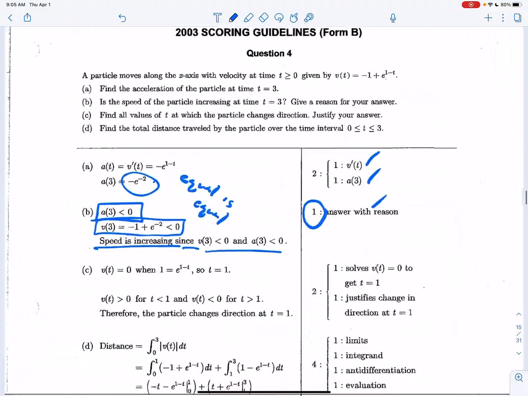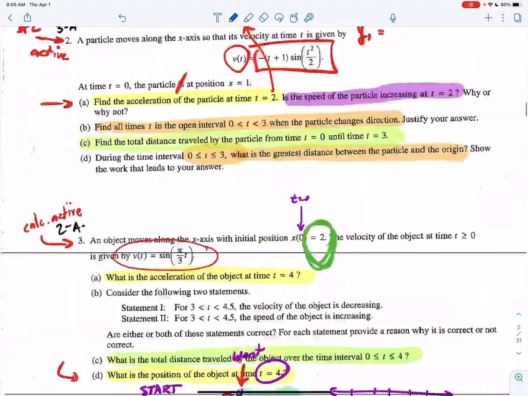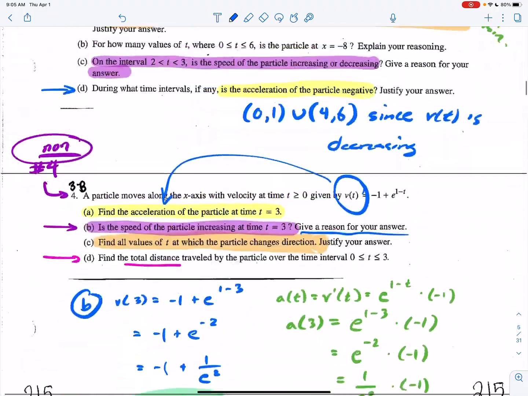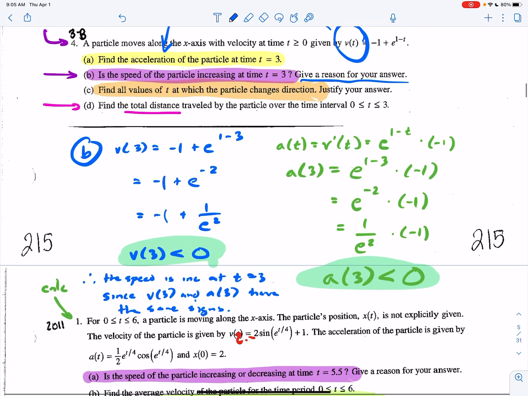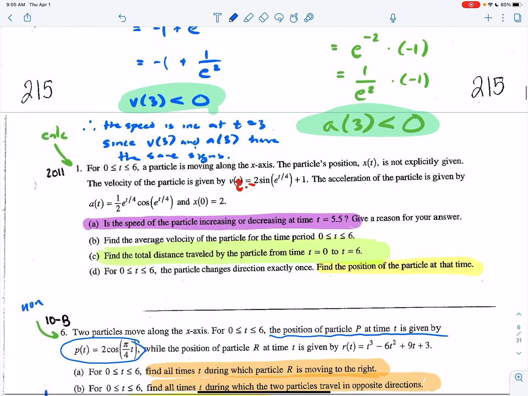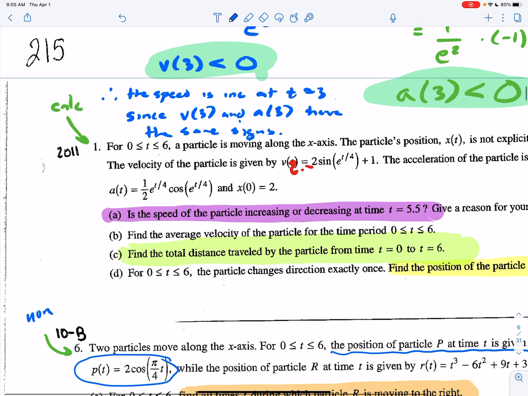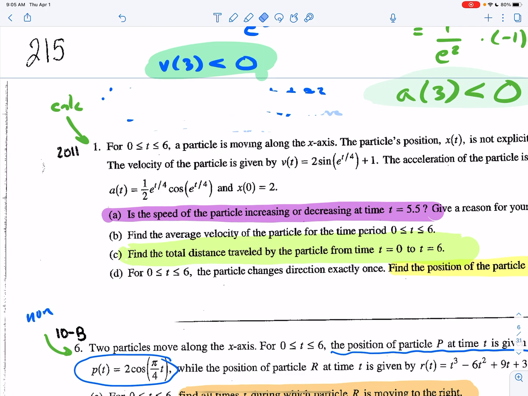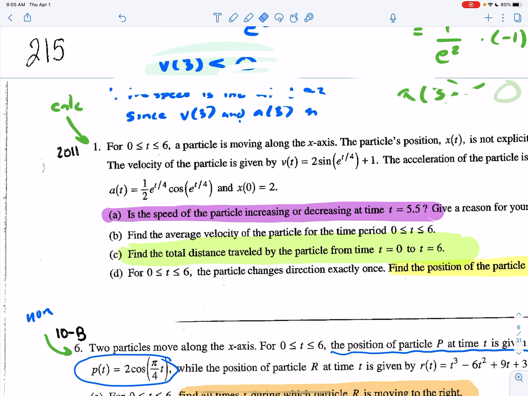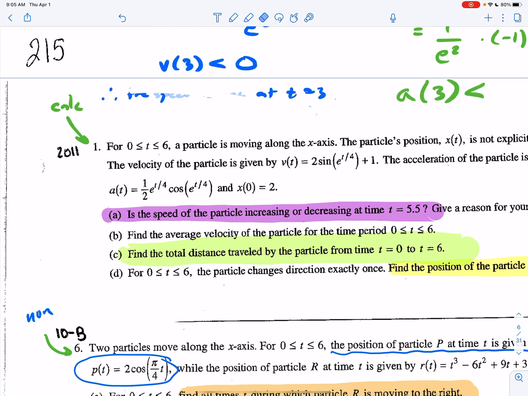Okay, let's do a couple more just to make sure that you guys are getting this here. Here's one, 2011. Let me get rid of all this here so that you're not bombarded. Okay, so keep in mind that in 2011, this is a calculator active question.